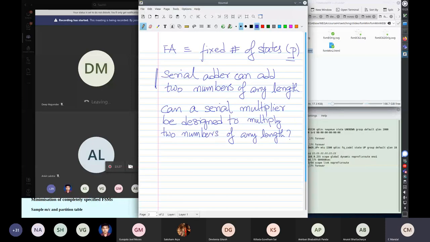What will be your answer to this? Can you design a serial multiplier to multiply two numbers of any length?